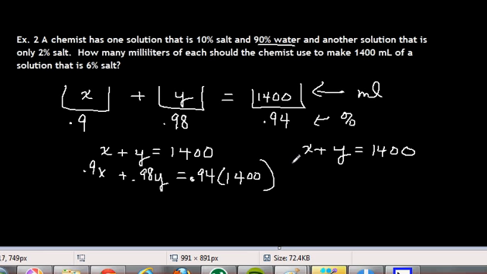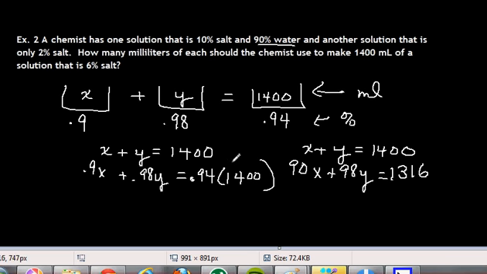So we're going to have 90x plus 98y, and I can move this over and multiply all in one step if you have calculators to do that kind of thing. If I multiply this times this, it's a smaller number, so it's going to be smaller. We're not multiplying by 1, we're multiplying something smaller than 1. So it's 1,316.